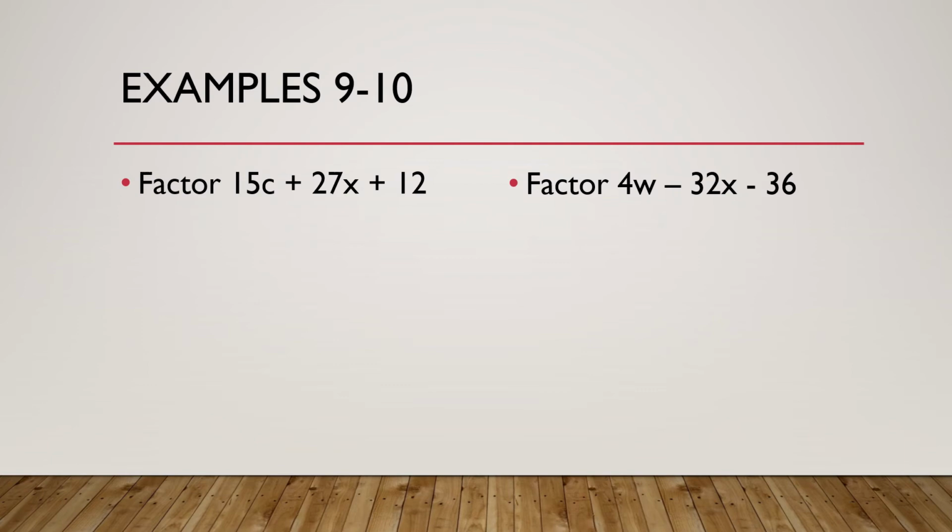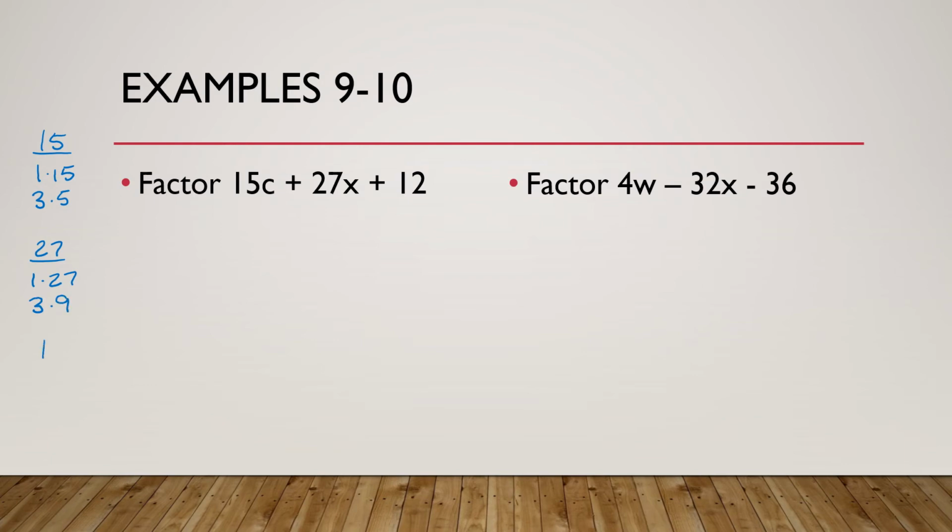So we're going to do our factors of 15. So that's going to be 1 times 15, 3 times 5. Our factors of 27, 1 times 27, 3 times 9.